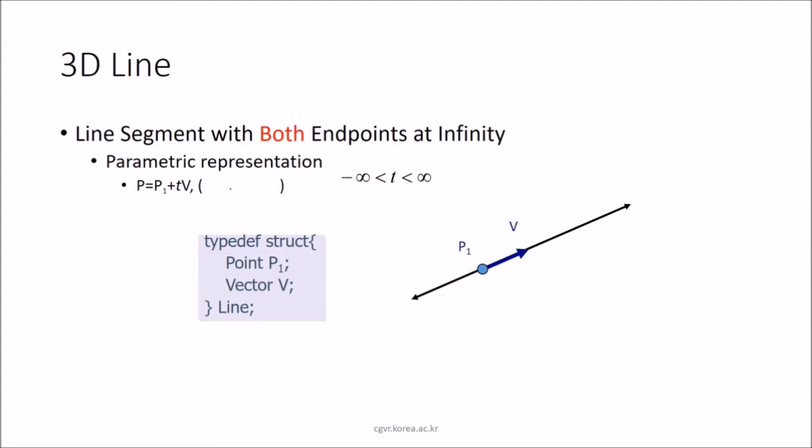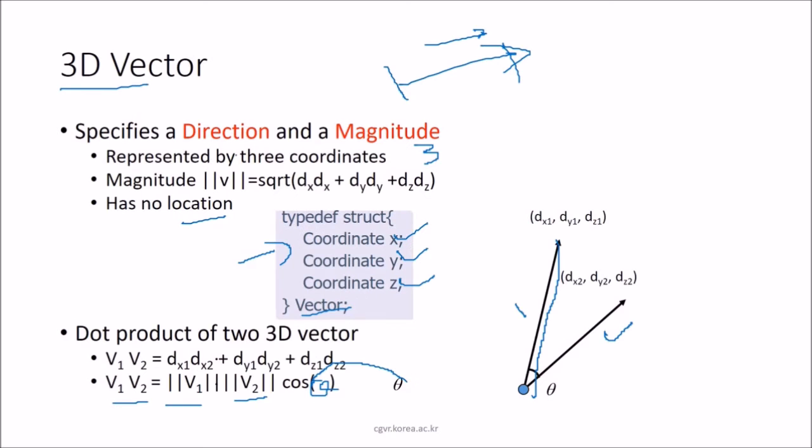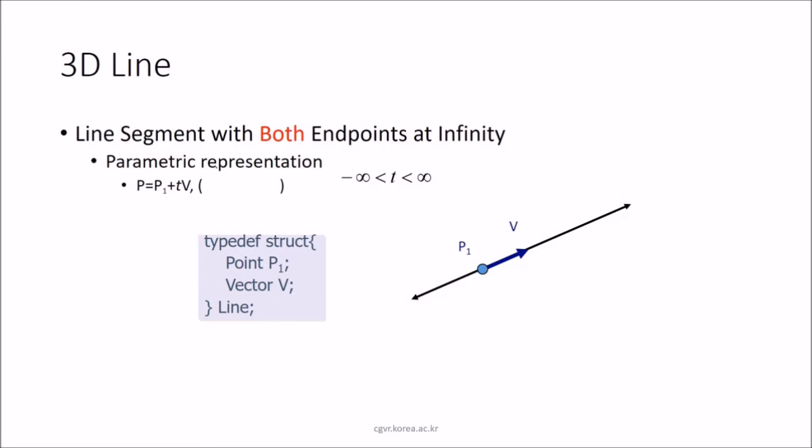What about the 3D line? See, the 3D vector and 3D line are different. How are they different? A 3D line means a line with both endpoints at infinity. Both endpoints at infinity, so t lies between minus infinity and infinity. P is equal to P1 plus t v, some vector v. You have learned about the point and vector just now.